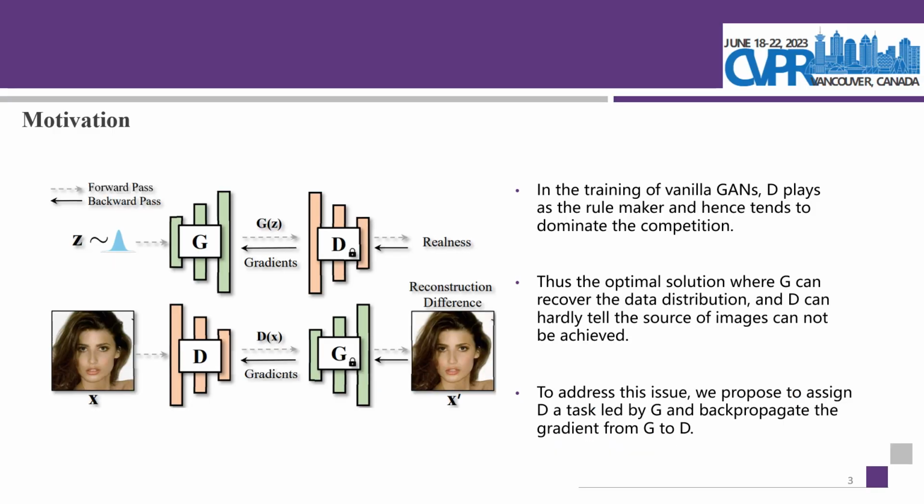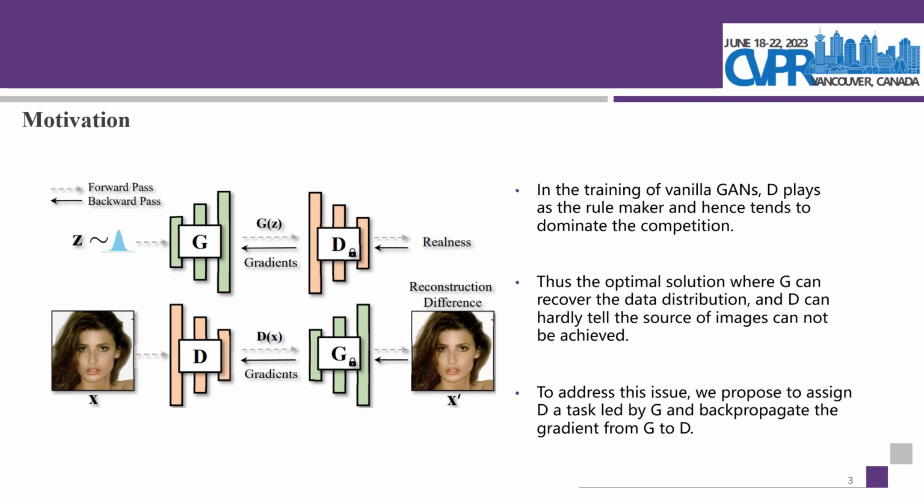In the training of vanilla GANs, D plays as the rule maker and hence tends to dominate the computation between G and D. Thus, the optimal solution, where G can recover the real data distribution and D can hardly tell the source of the images, cannot be achieved.